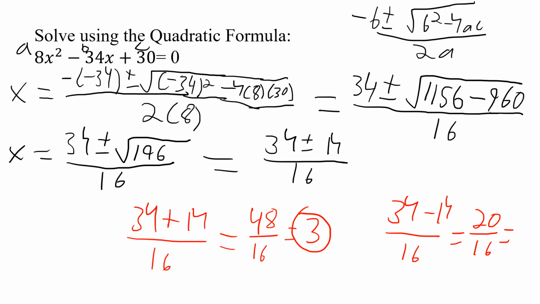So if we divide 20 by 4, we get 5. And I wrote a 4 down because I was saying 4, but we get 5 after we divide it. And if we divide 16 by 4, we get 4. So that means that our solutions here are x equals 3 and 5 over 4.